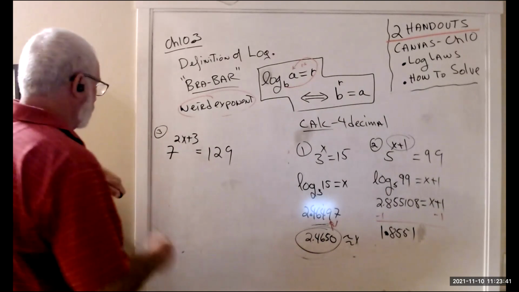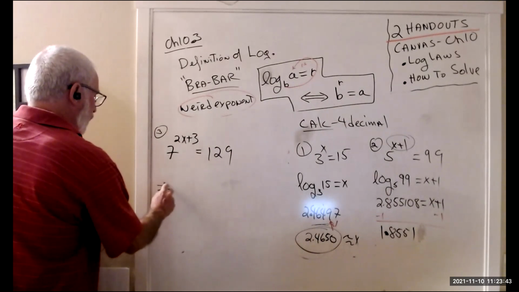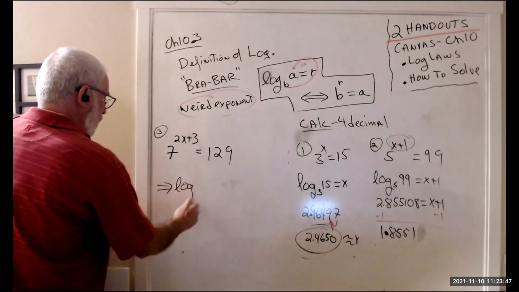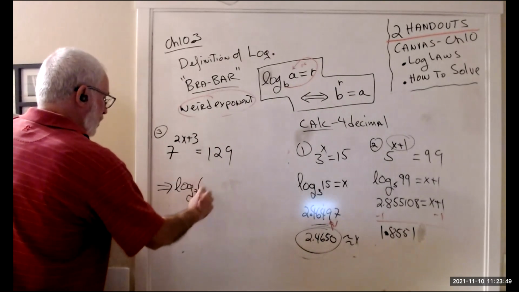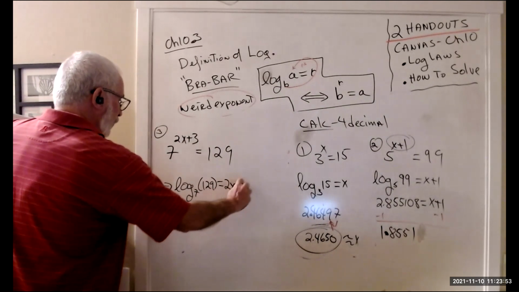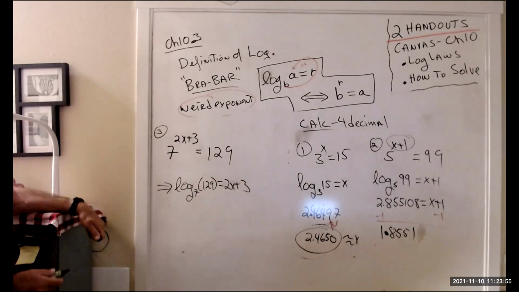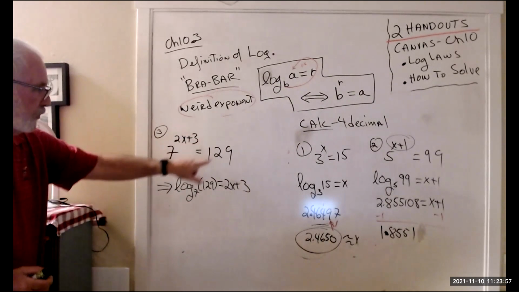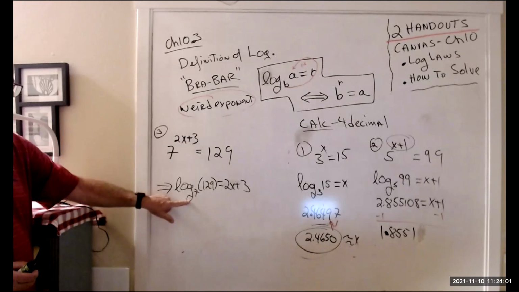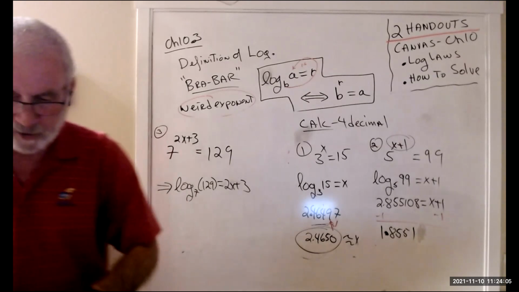So I'm just going to use my Brabar rule. This is log base 7 of 129 equals 2x plus 3. That's converting this exponential equation into a logarithmic equation. Okay, use my calculator.